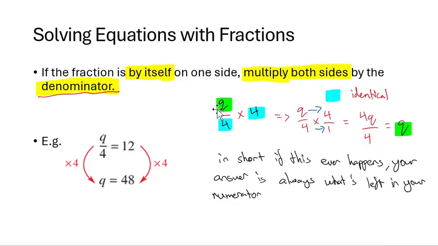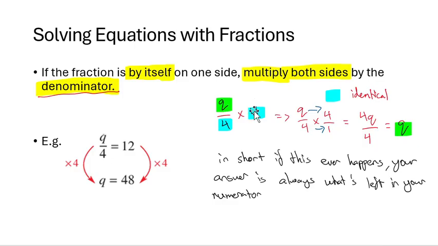So let's do that in practicality. I write q over 4 times 4. Now, you might be wondering, how does this turn into my final answer? I'm going to show you what happens. On my right hand side, I'm going to write q over 4 multiplied by 4, the denominator.